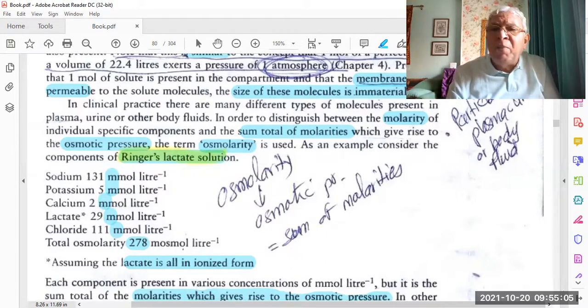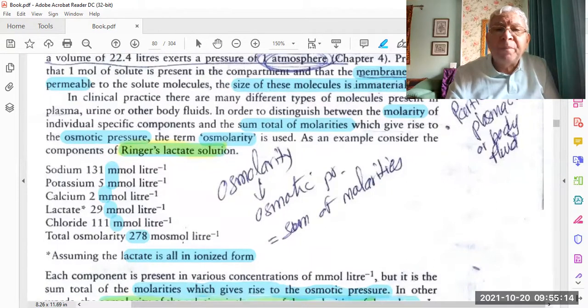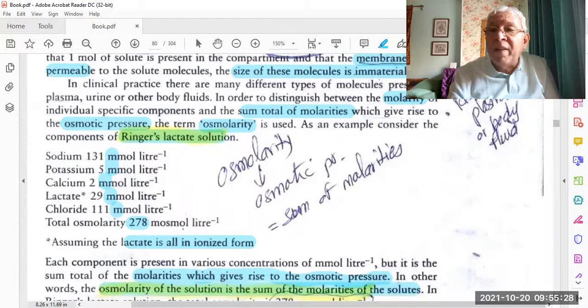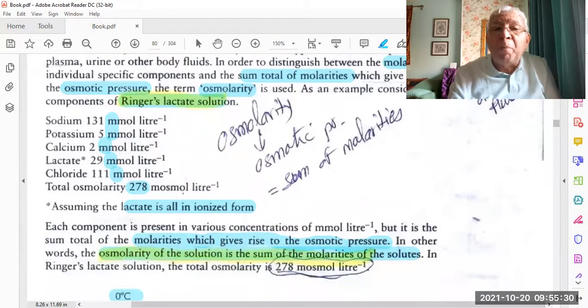Temperature is not much affecting the molality whenever you dissolve these molecules in a kilogram of a solvent. So osmolality and osmolarity are similar. The particles in the Ringer lactate give an osmotic pressure of around 287 and 78.